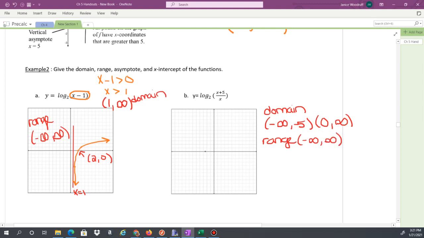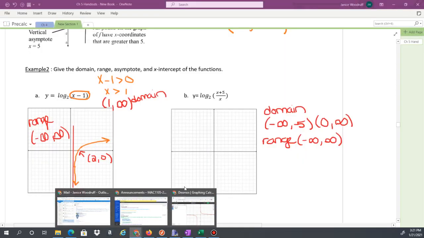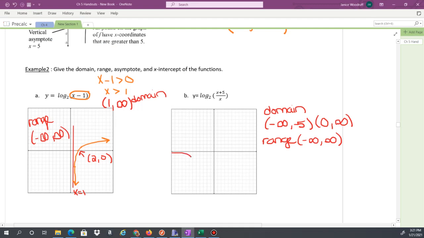Okay, this was, let's see, 1, 2, 3, 4, 5. So something like, well, I gotta look at it again. Okay, so something like this. And then this was like so. So we do actually have some asymptotes here. We have a horizontal asymptote of y equals 0 right here.